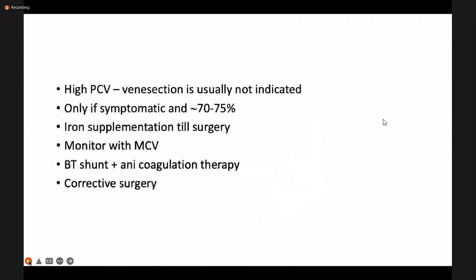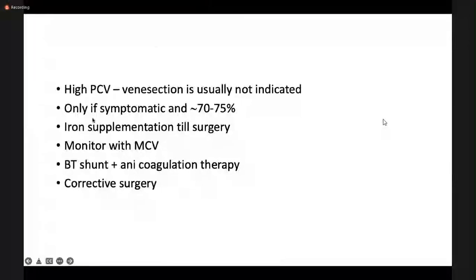And apart from that, they can have other problems like polycythemia. Sometimes you might need to do venesections. And if they get iron deficiency, because iron deficiency can cause abnormal size and shapes in the red cells, they can cause anisopoikilocytosis.